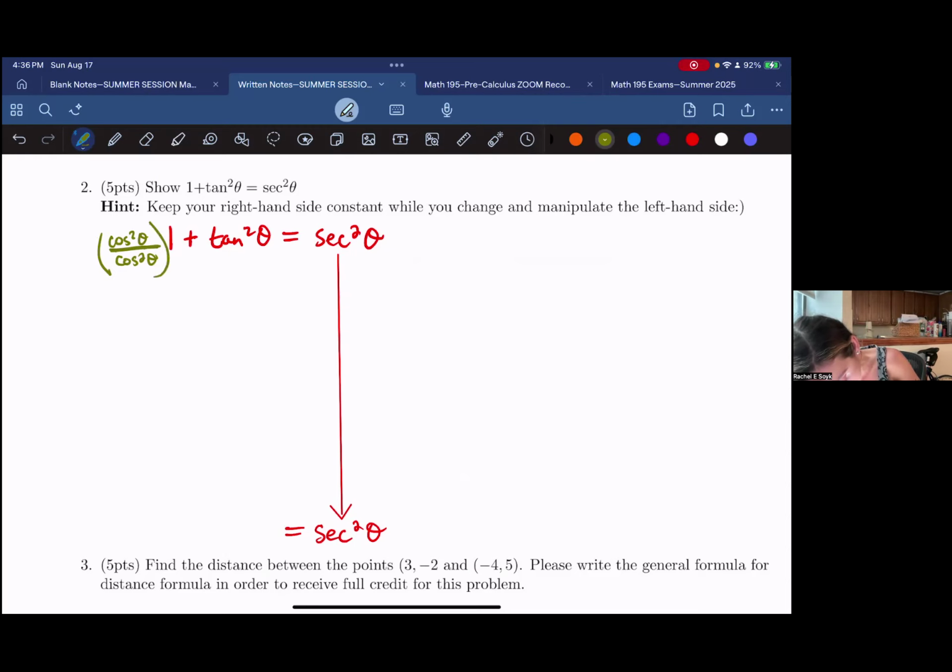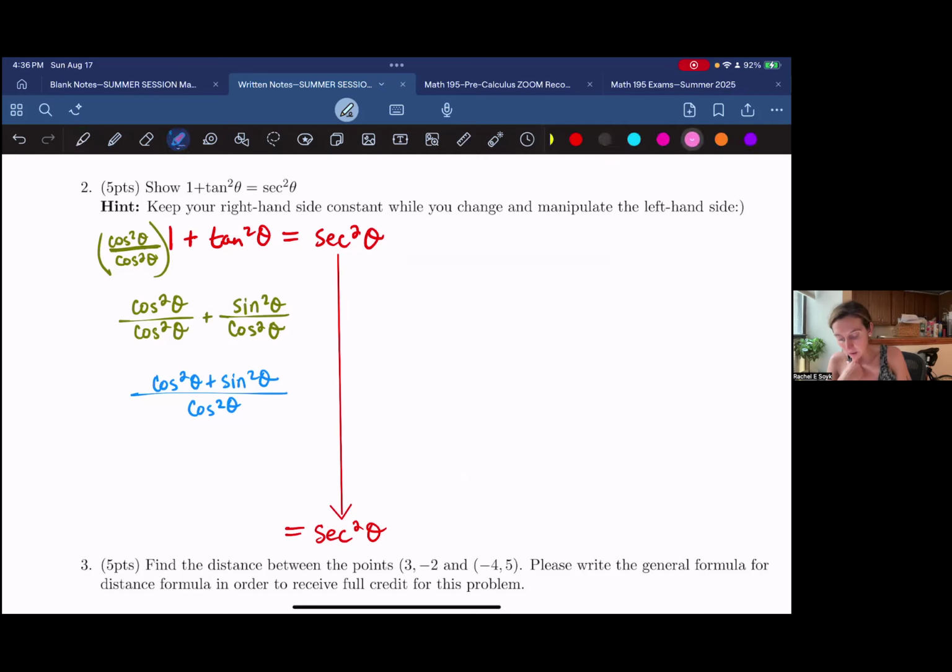And so when we do that, on our next row, we'll end up with cosine squared theta over cosine squared theta plus sine squared theta over cosine squared theta. Now that the denominators are exactly the same, we can put this all into one fraction. Cosine squared theta plus sine squared theta all over cosine squared theta.